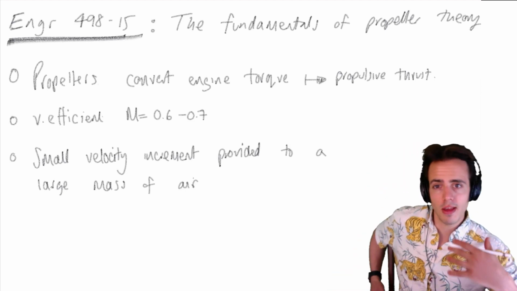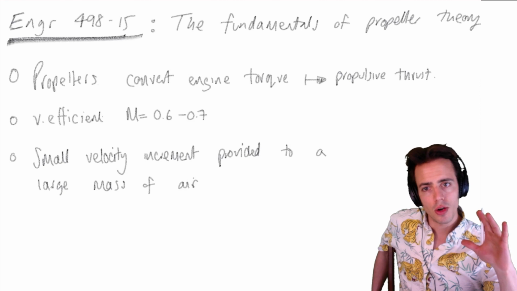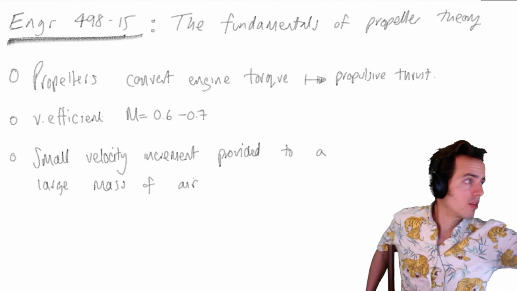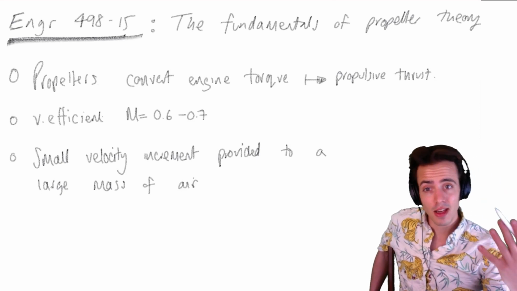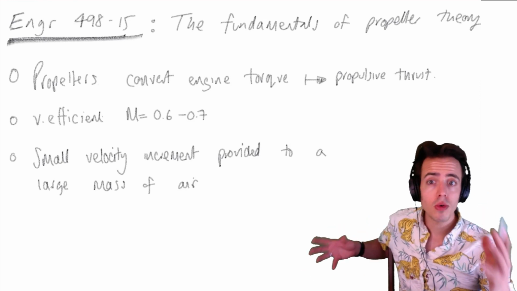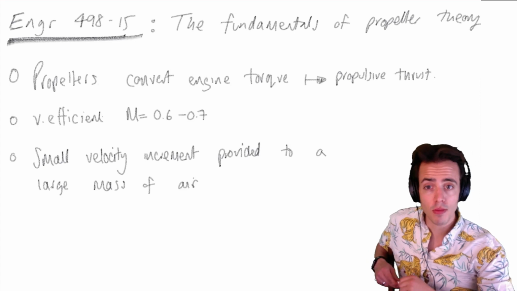And we can appreciate this if we look at the frontal area of a propeller on an aircraft like an A400M or any of the aircraft that I had in the last lecture. Then the disc area is larger than a comparable turbojet, so it's providing a small acceleration to a large mass of air, and that's one of the reasons why they're so much more efficient.